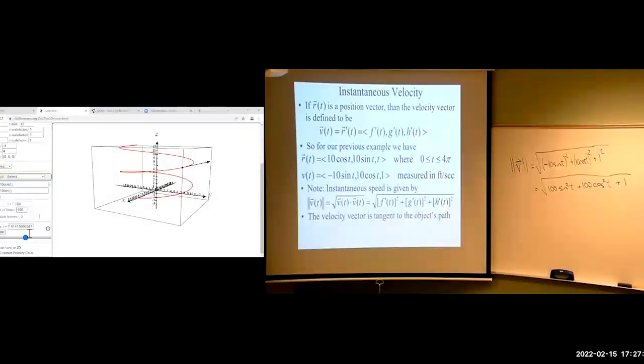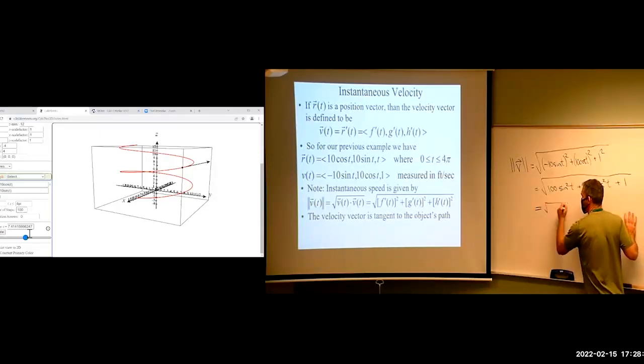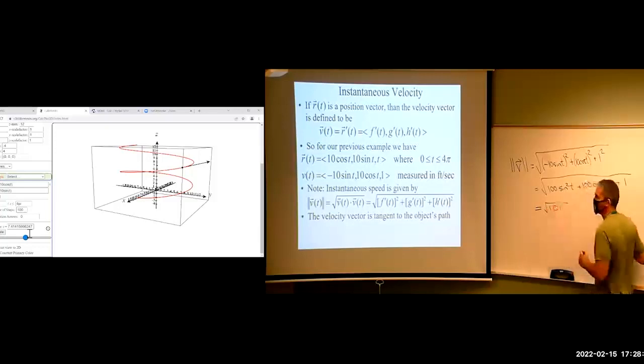Perfect. Is everybody seeing the Pythagorean identity in there? Basically, sine squared plus cosine squared is 1. So if we factor out the 100, we'd have 100 times 1. And so this comes out to be square root of 101. And the units we're doing are feet per second.